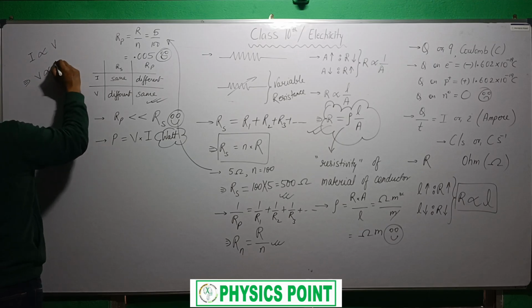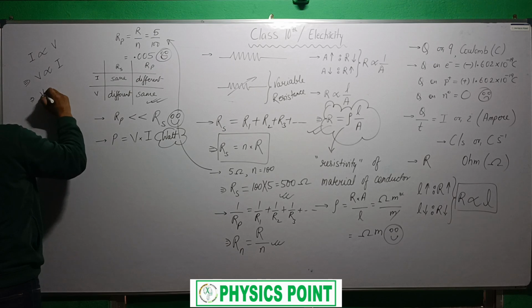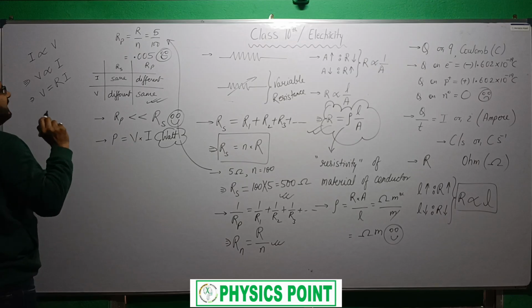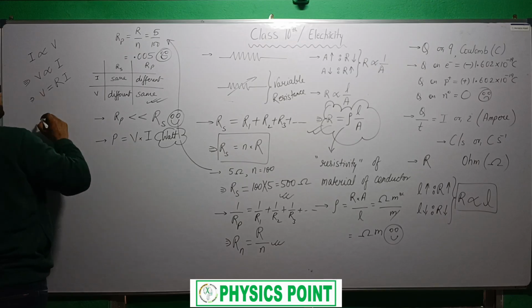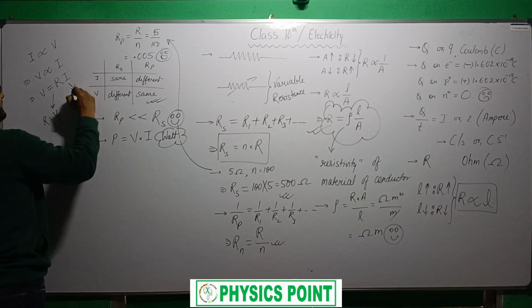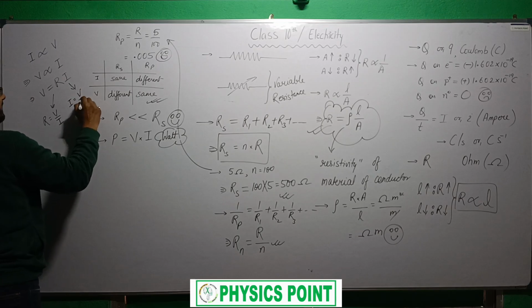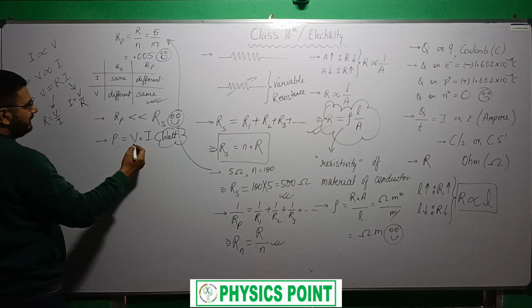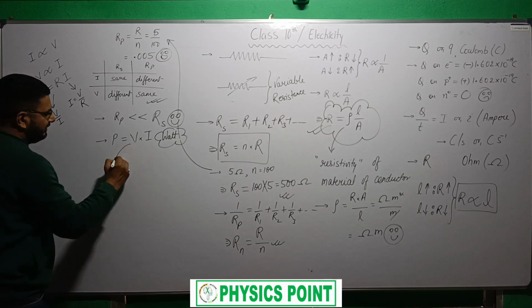We can also write it like this. Again, we replace the proportionality symbol, and resistance R appears here as the proportionality constant. From here we get two more formulas: R equals V by I and I equals V by R. Using these two, we can also have formulas for power.